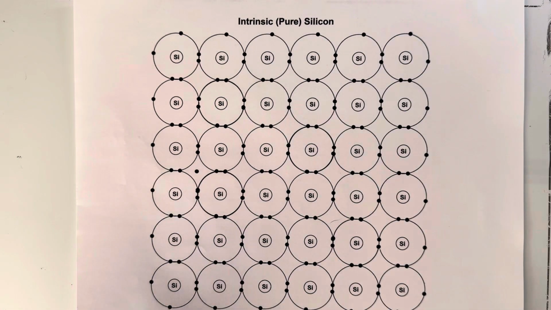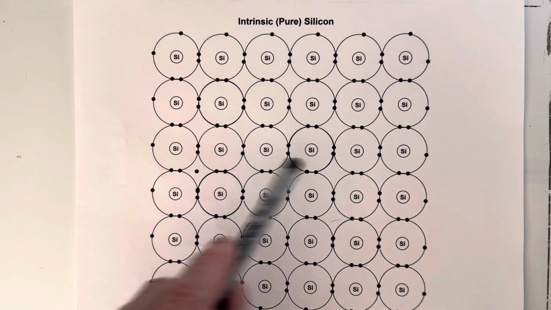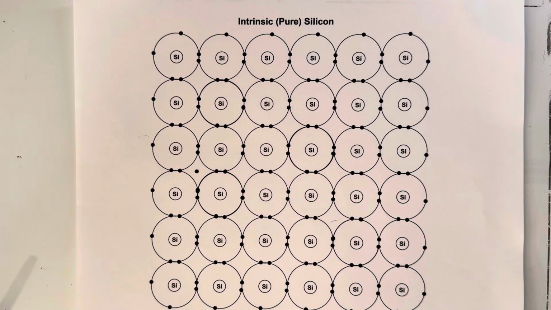Again, this is really a cartoon view of it, but notice that any particular silicon atom in this lattice lines up with its neighbors such that it almost is like it has 8 valence electrons.